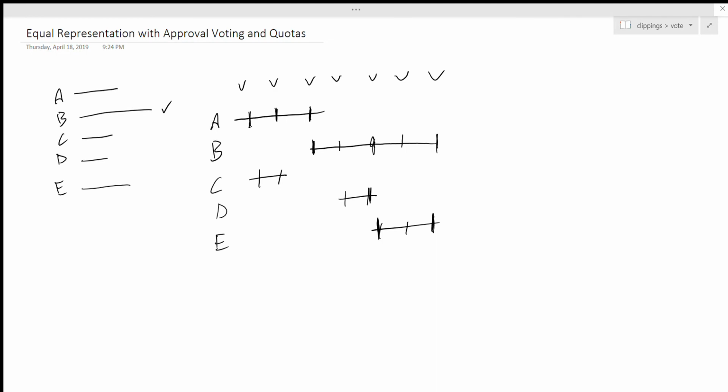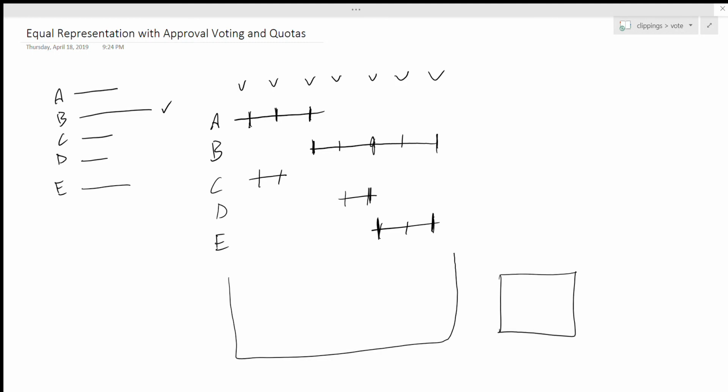Well, you can use a thing called a quota bucket, which is basically a representation of who is represented and who still needs to be represented. So a quota bucket is basically representing one block of representation.